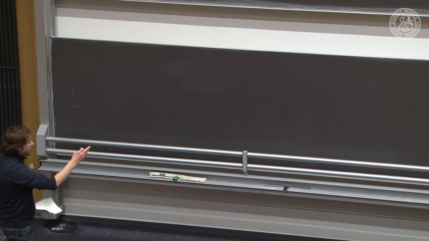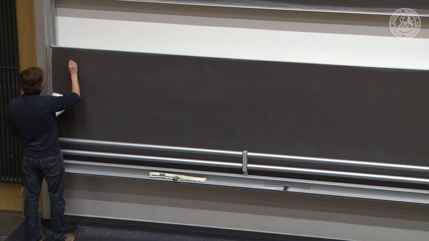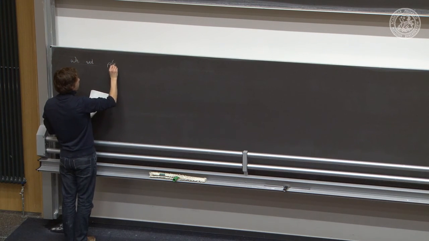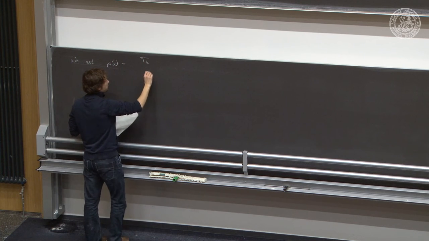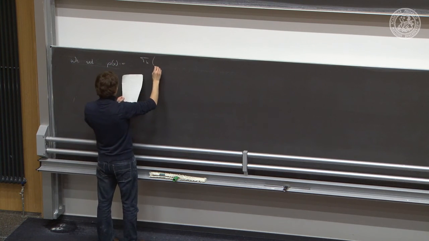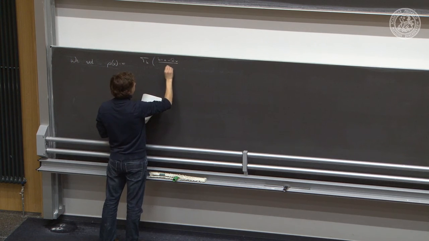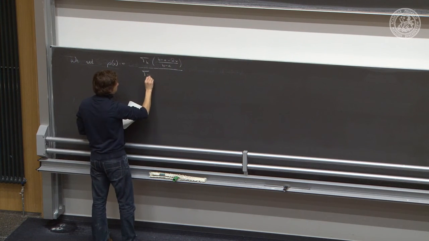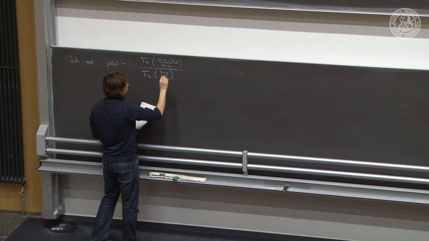However, let A and B be the smallest and the largest eigenvalues of A, and we now set P(x) as this Chebyshev polynomial at the point (B plus A minus 2x) divided by (B minus A), divided by T_k((B plus A) divided by (B minus A)).